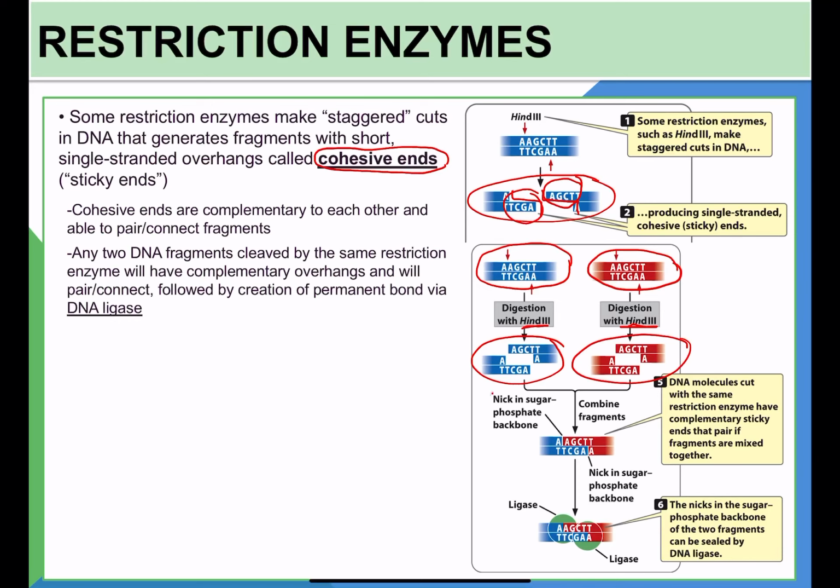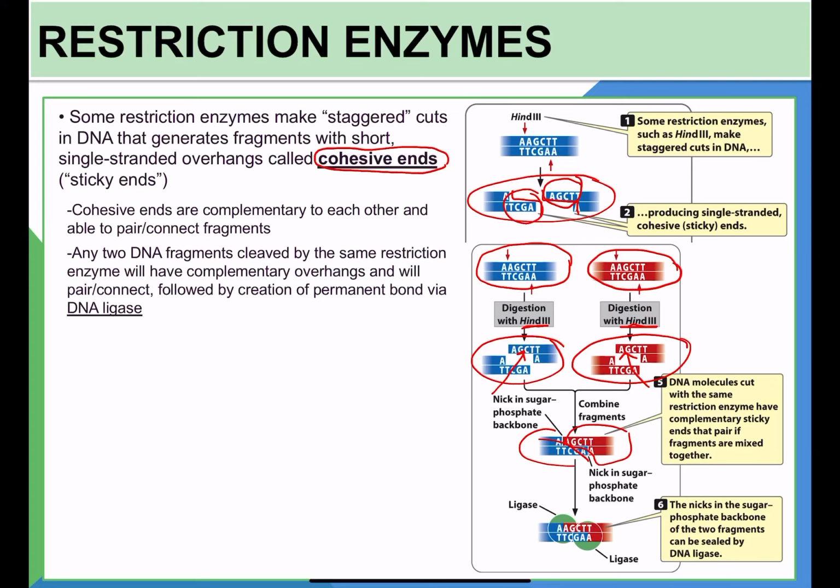They both have these cohesive ends or sticky ends, and because they're complementary to each other, technically speaking, other than resticking the blue and blue together and the red and red back together, we can mix it up, where the blue and the red can bind with each other and glue together, in the end, of course, with the help of DNA ligase to seal the nicks within the sugar phosphate backbone of the DNA.